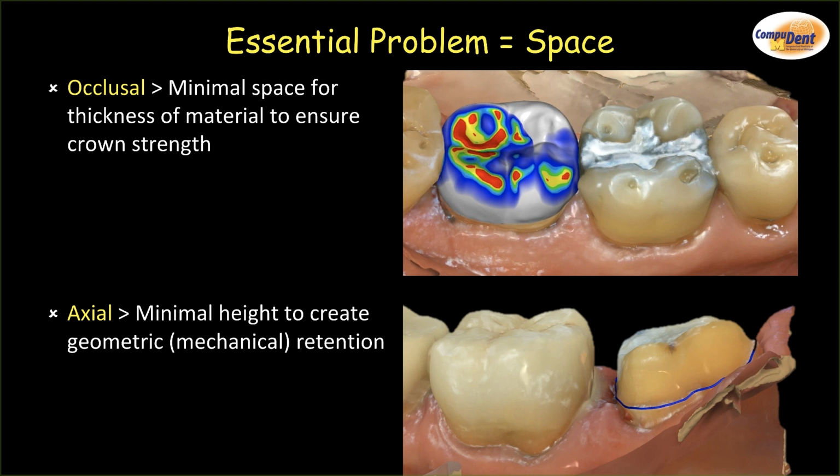If we compromise that thickness, odds are we're going to have a compromised restoration and potentially a fracture or a chip. Axially, we don't have a lot of room to create retention. So now we have this problem of, how do we overcome these two limitations? What's the best material to use? What's the best technique to get the preparation that we need? And how best should we deliver the restoration in this situation?